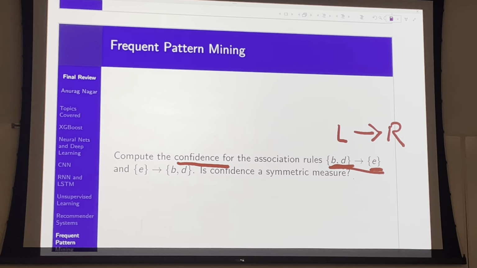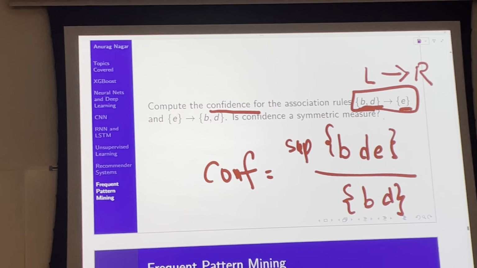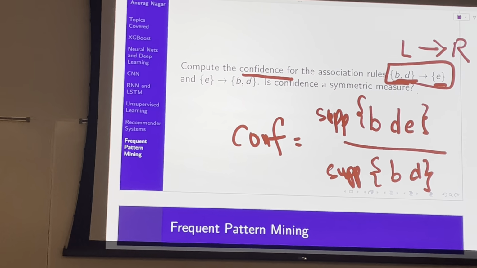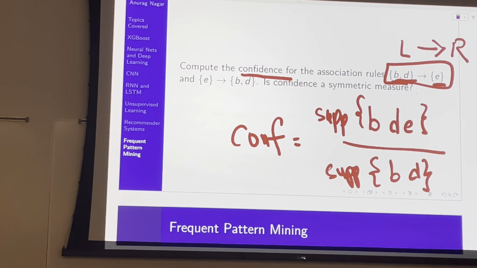I could ask you, given they take 4371, what's the probability that they take 4372? That is called confidence of the rule. The way you calculate it is simply, like I told you, find the support of BDE divided by the support of BD. That is going to give you the confidence of a rule.